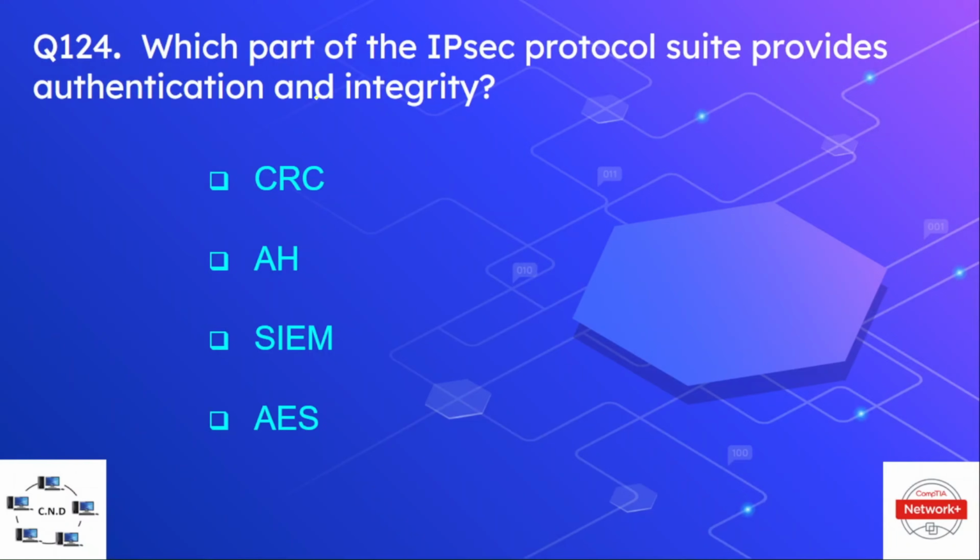Question number 124 is that which part of the IPsec protocol suite provides authentication and integrity? And the options are CRC, cyclic redundancy check, AH, authentication header, SIEM, which is security information and event management, and AES, Advanced Encryption Standard.